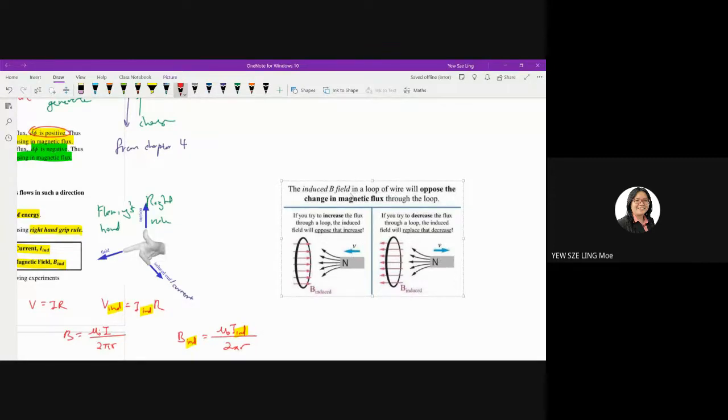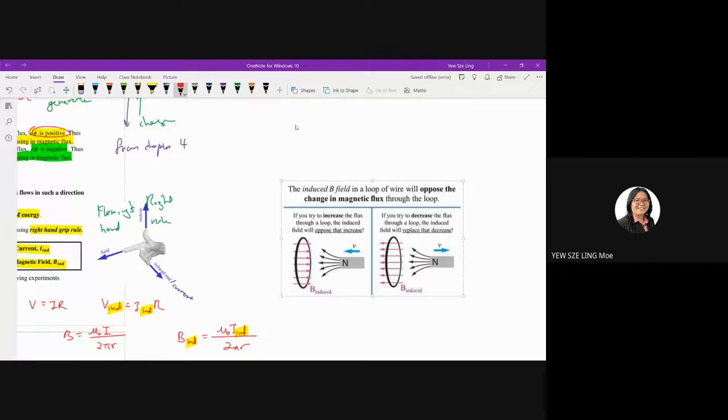So the induced magnetic field in the loop wire will oppose the change in magnetic flux through the loop. If you try to increase the flux through the loop, for example, if you look at this diagram, now if you move this magnet towards the coil, you are trying to increase the number of lines that pass through the coil.